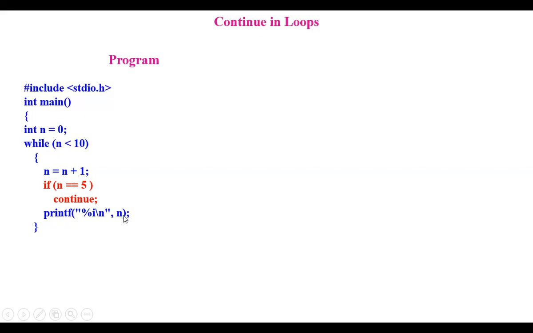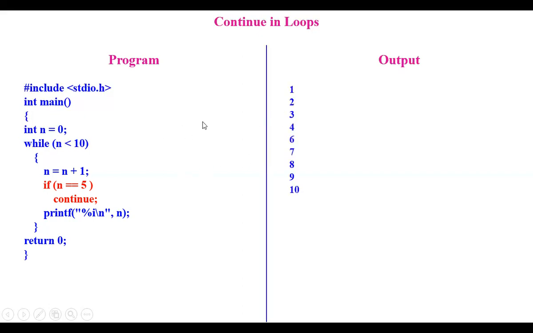6 is printed. So like this, with the help of this continue, we will be able to do something at some numbers and still be in the loop. You'll understand with the help of the output here. Suppose we have in this, if n is equal to 5, continue.